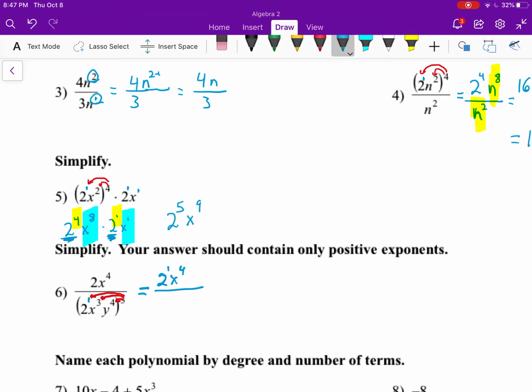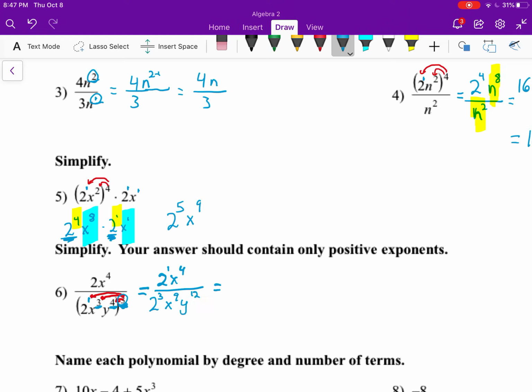And so we have 2 cubed. X to the 3 times 3, which is 9. And then y to the 4 times 3 is 12.